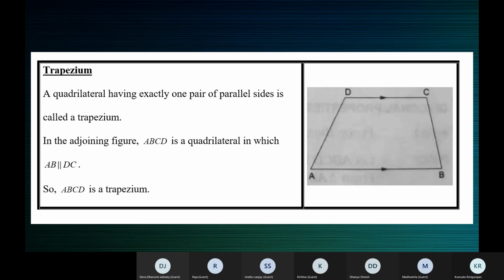Okay, ma'am. Devadarshini, you got it? Yes, ma'am. When we talk about angles, opposite angles need not be equal, adjacent angles need not be supplementary, and diagonals are not equal.